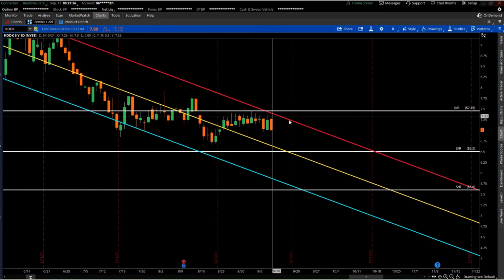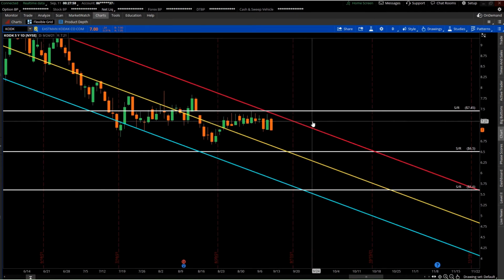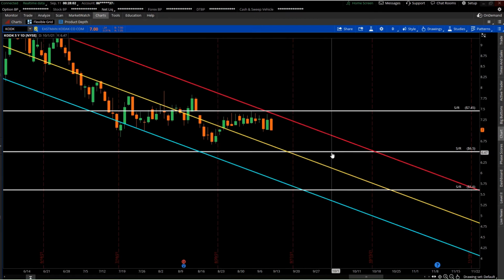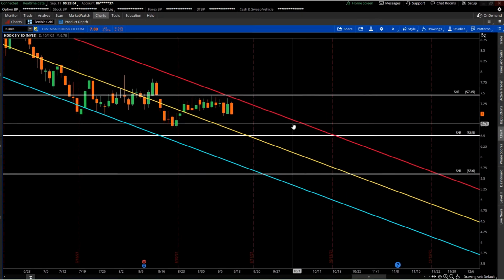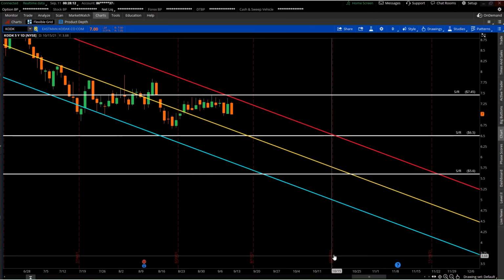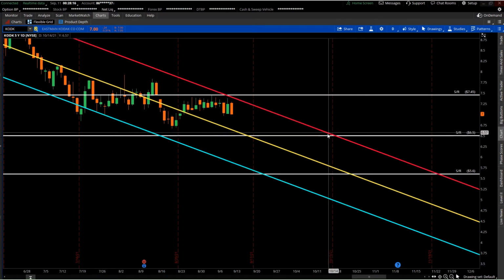So as time moves towards the left and price is moving towards the right, we could see that there's a wedge forming right here, and this is falling on the October 15th expiration Friday for option contracts, right?